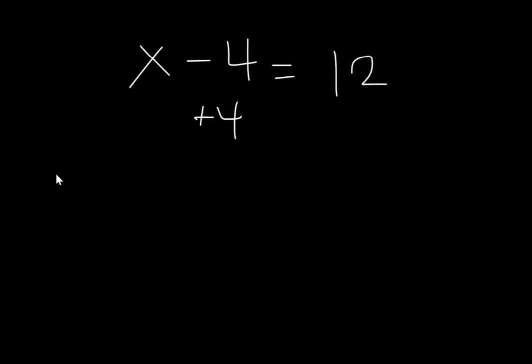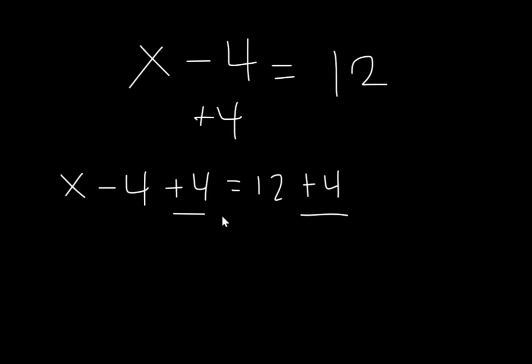Alright, let's do subtraction. In something like x minus 4 equals 12, we need the opposite of negative 4. If we want to get rid of negative 4, we need to add 4 to both sides.